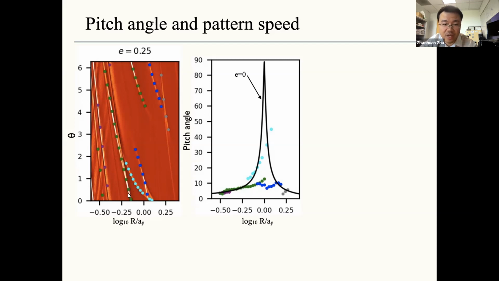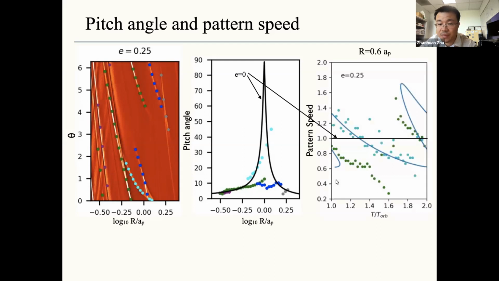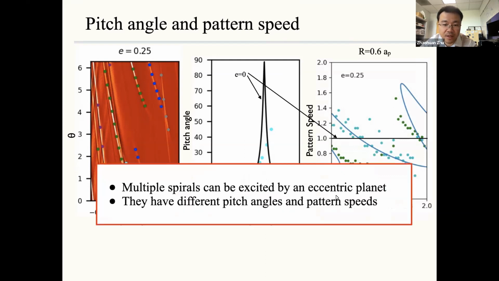And these spirals are not moving around the central star at the planet's Keplerian speed. Instead, they have a variety of pattern speeds. Right? So the spiral could move faster or slower than the planet's orbit around the central star. So it's highly dynamic.